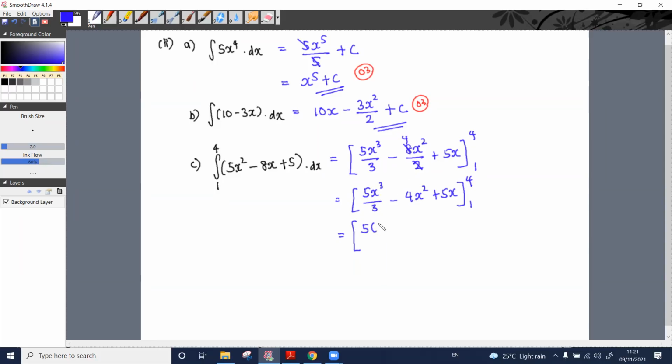So it should be what then? 5 into 4 to the power 3 over 3, minus 4 into 4 squared plus 5 into 4. One upper value. From that, we need to deduct the answer we get by substituting the lower value. It means what? 5 into 1 to the power 3 over 3, minus 4 into 1 squared plus 5 into 1.